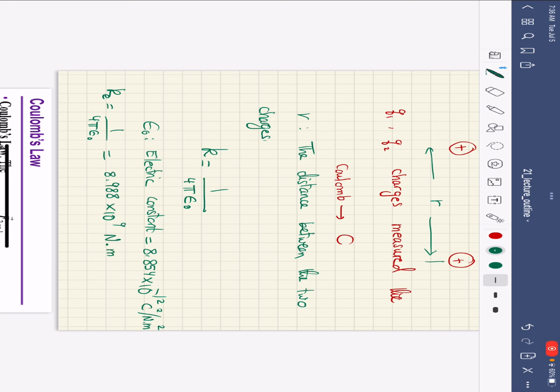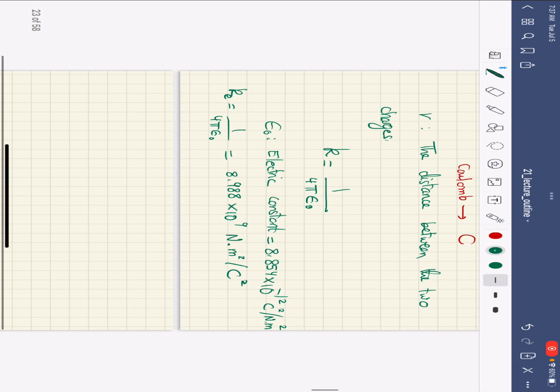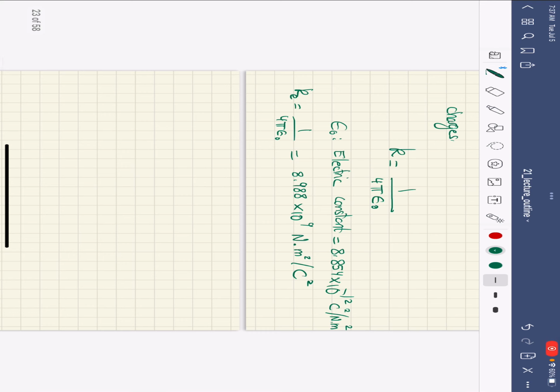Now, one of the things that I want you to know is that the electrostatic force or the electromagnetic force is the second in strength among all the forces, and this is because of that constant.